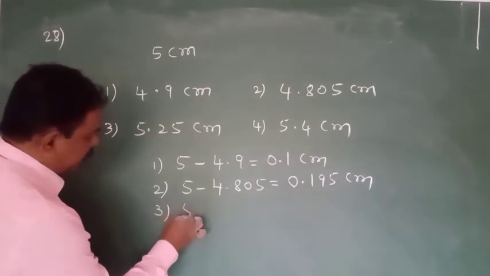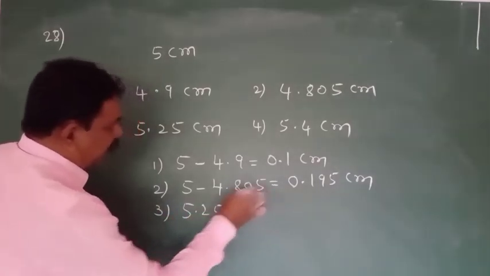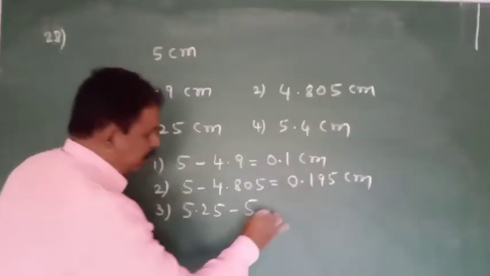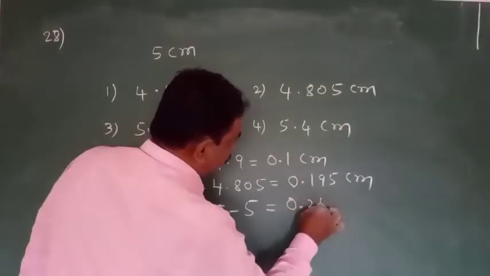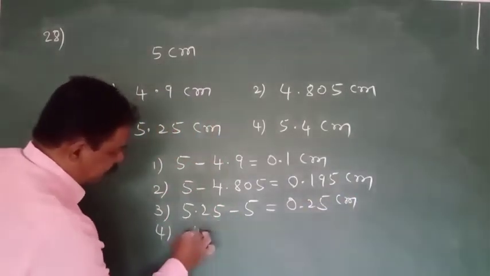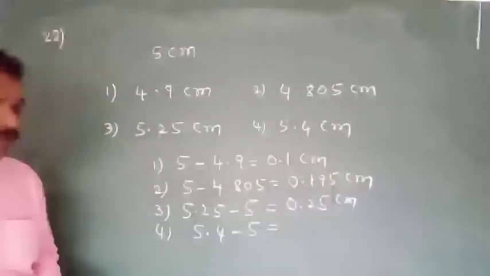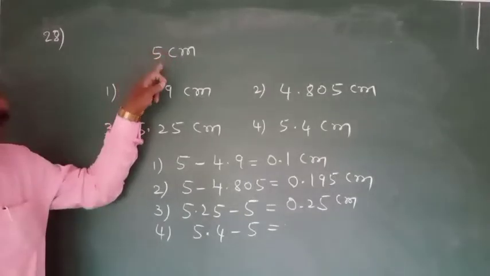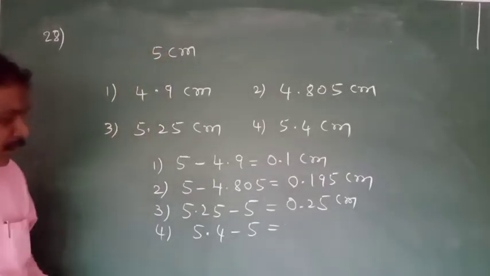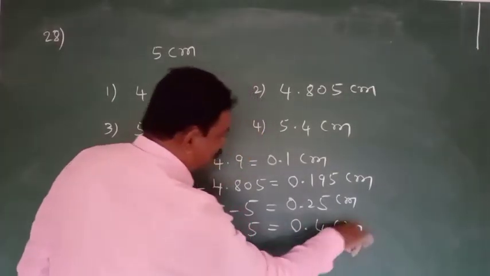Next, third one, 5.25. This is more, na? 5.25 minus 5 will be 0.25. Fourth one, 5.4 minus 5. If more value is there, you subtract 5 from this one. If this is less, from 5 you subtract this one. It becomes 0.4.